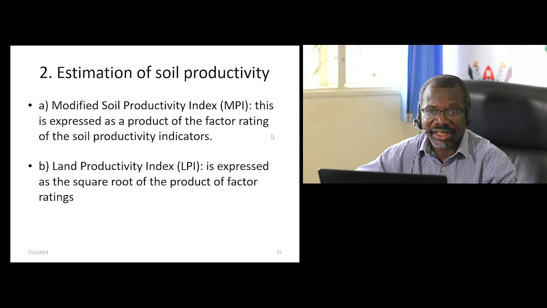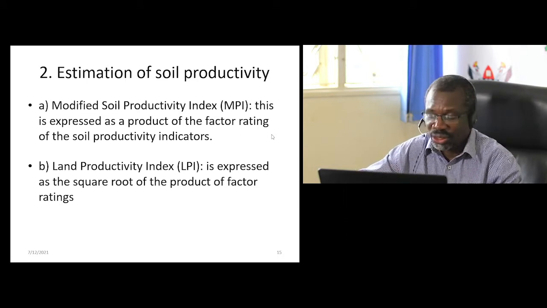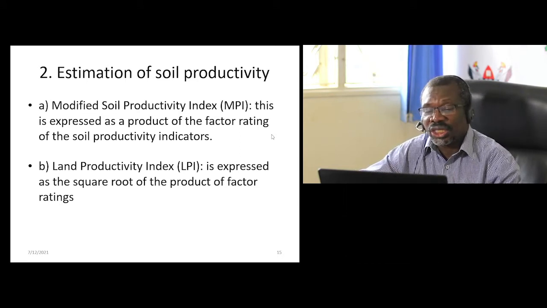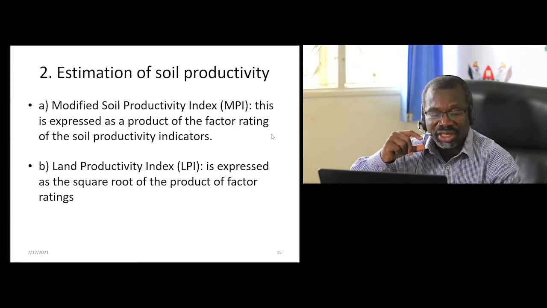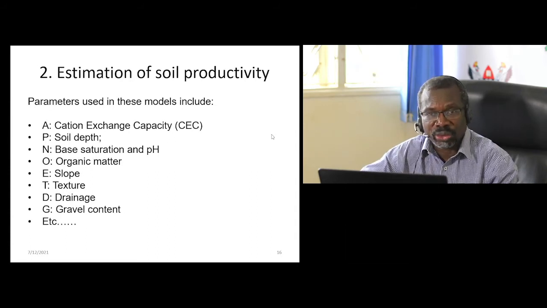These models were developed in the 70s and the beginning of the 80s: the modified soil productivity index and the land productivity index. One is expressed as a product of the factor ratings of productivity indicators, and the other is expressed as the square root of the product of the factor ratings used in productivity estimation.